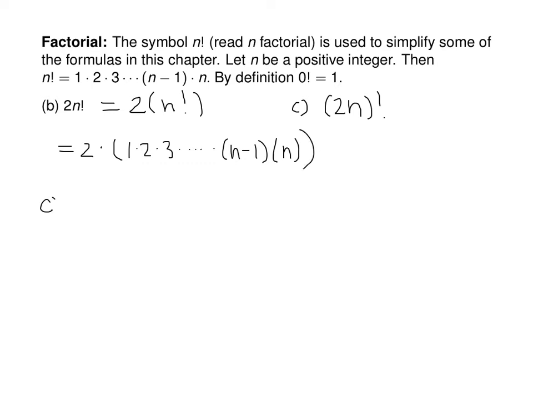Now part C, 2n factorial, means 1 times 2 times 3 up to n, and then n plus 1, etc., up until you get to twice n. So you should be able to see that part C is actually quite larger, and those parentheses make quite a big difference.